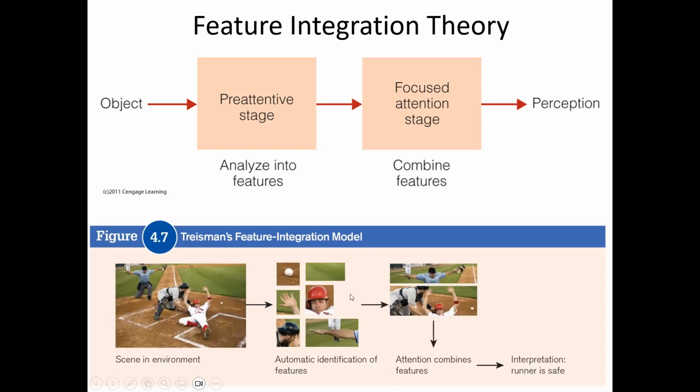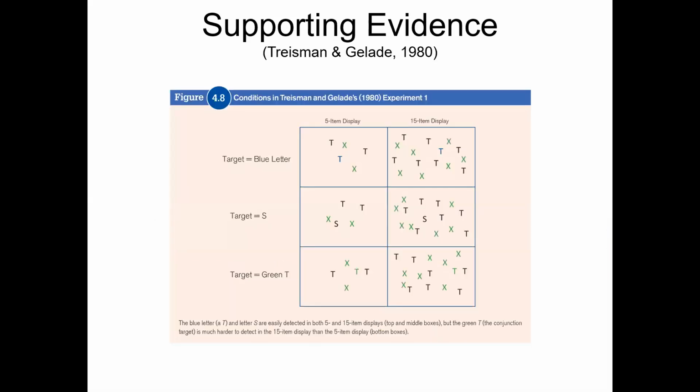We were able to then combine these features to indicate that the runner is safe. So that is the feature integration model there. So this would be the actual perception part of the feature integration theory.